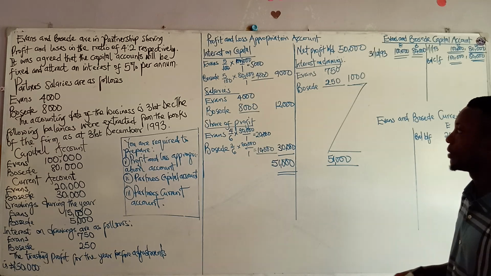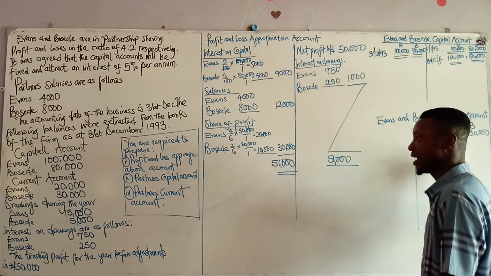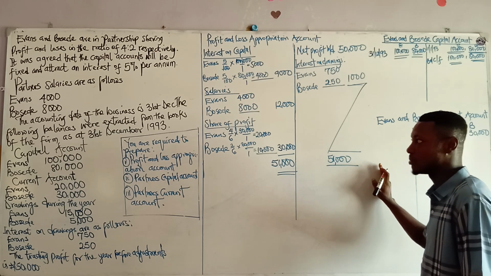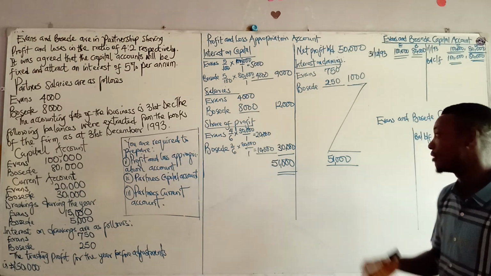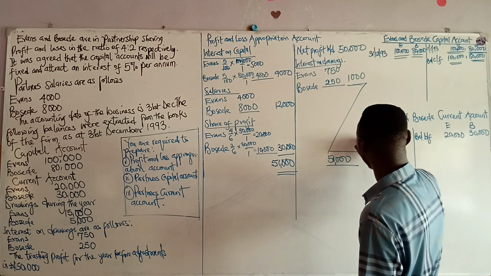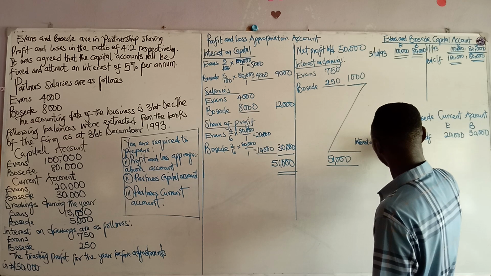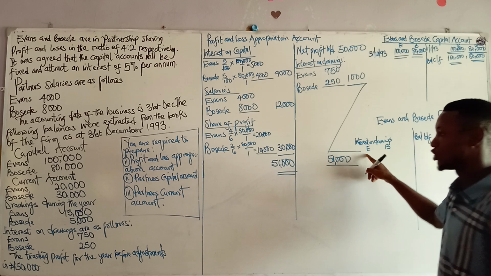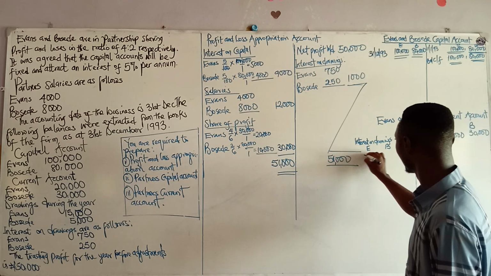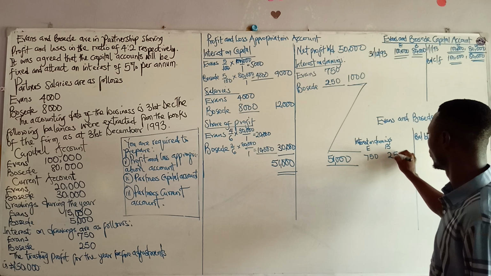Every income generated that is assigned to Evans or Boside goes there, and their expenses come down to this part. Under their expenses, we have interest on drawings, and then drawings. Evans' interest on drawings is 750, and Boside's is 250.